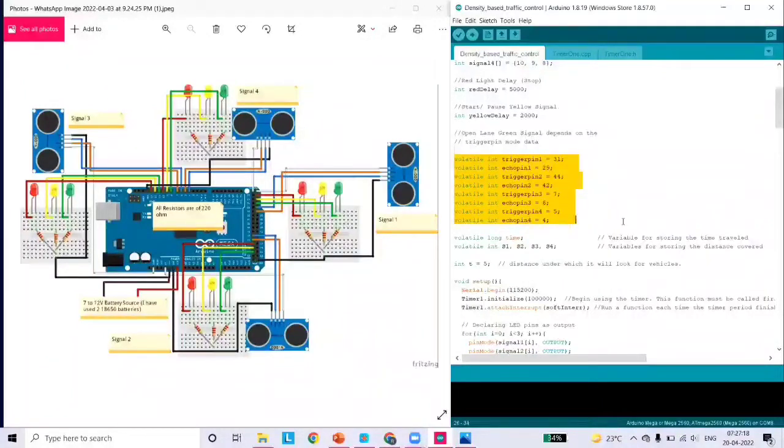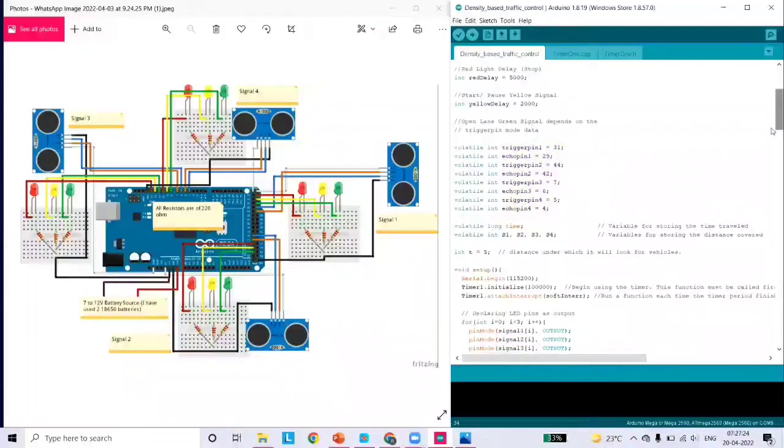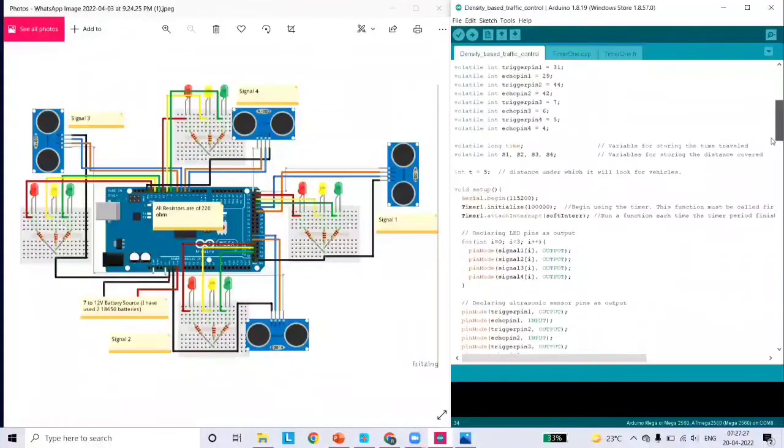Also, we have two pins functioning as an input and output of the sensor, which are trigger pin 1 for sensor 1 and echo pin 1 for sensor 1, which are connected to 31 and 29 respectively. And we have 4 sets of these 2 pins. In the setup function, you can see that we have enabled the ultrasonic pins as output and input.